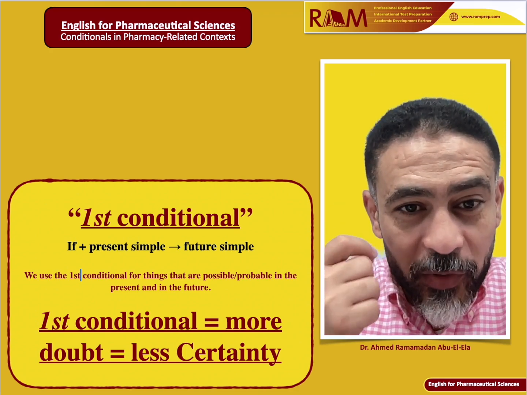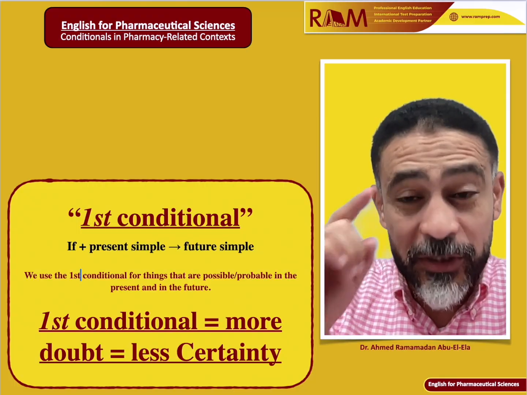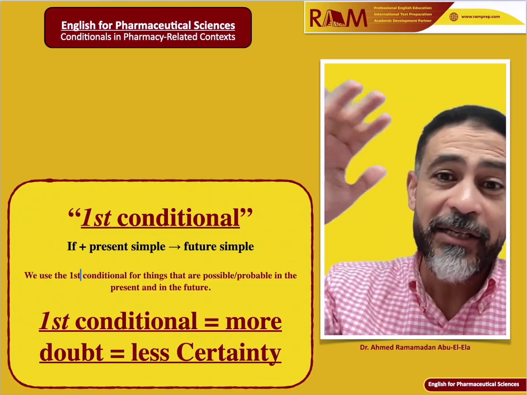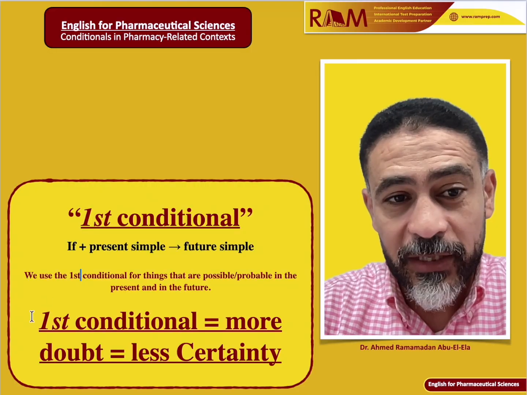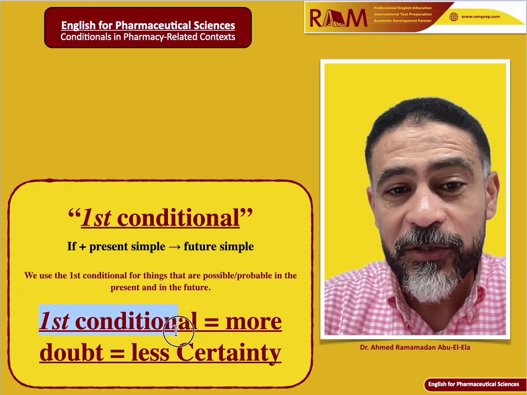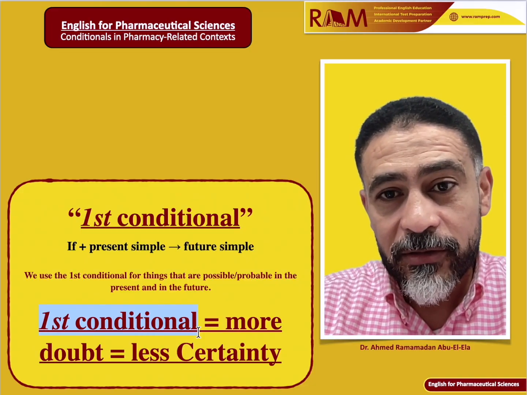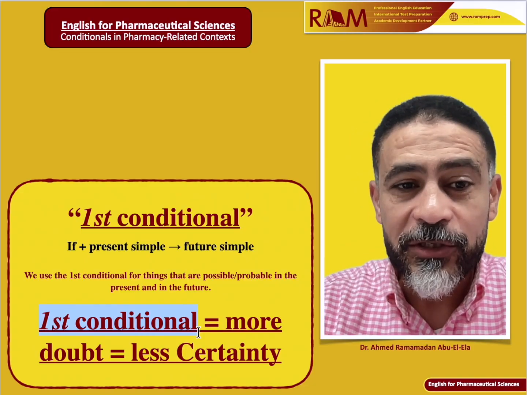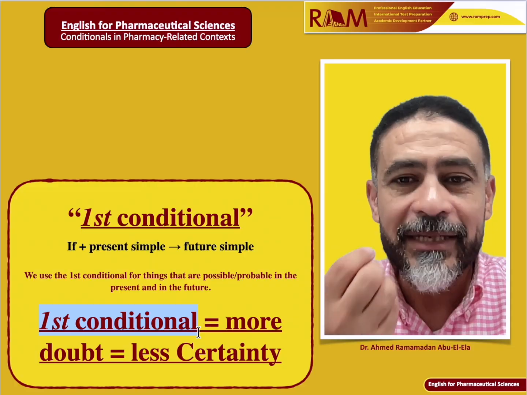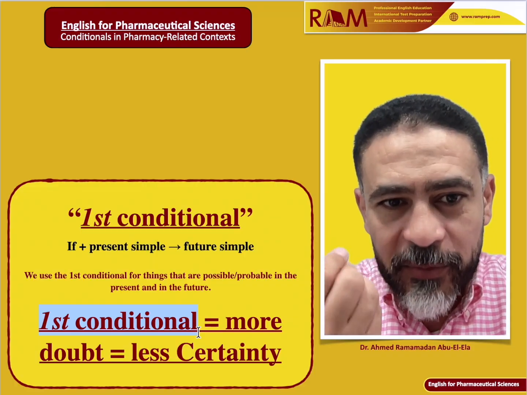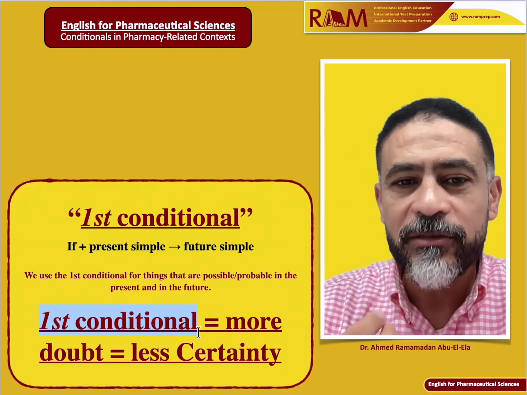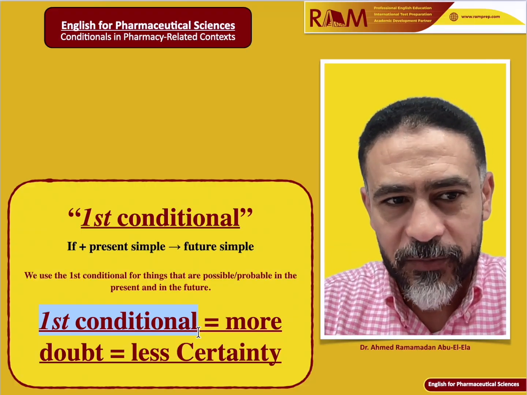Probable or possible, not certain. Certainty and scientific facts, we use zero conditional, okay? So always remember that first conditional is different from zero conditional in that it gives the impression of more doubt, less certainty, and so on, okay?